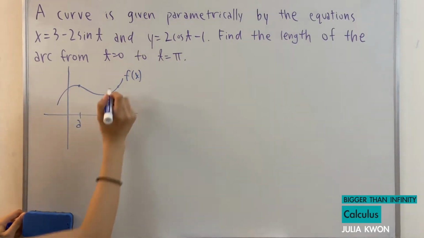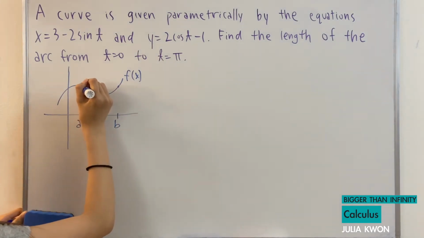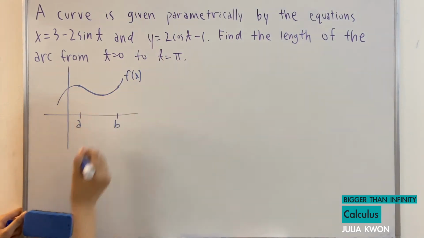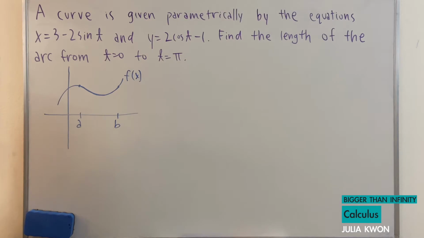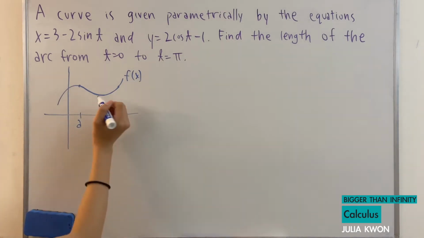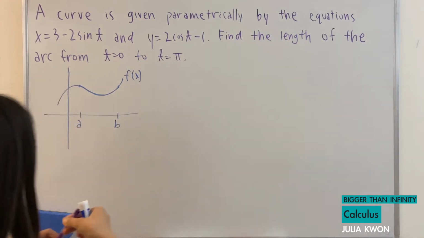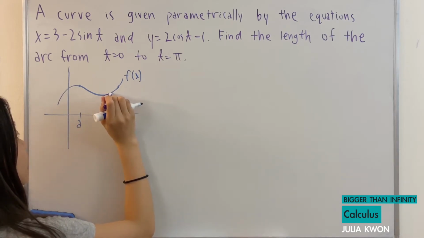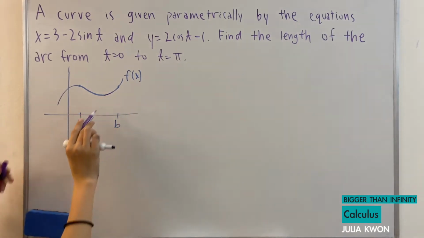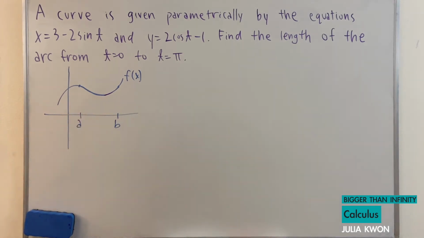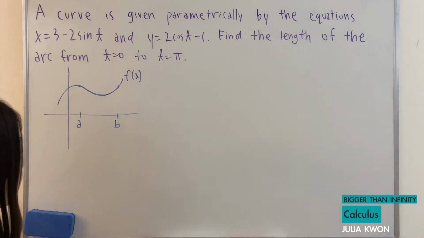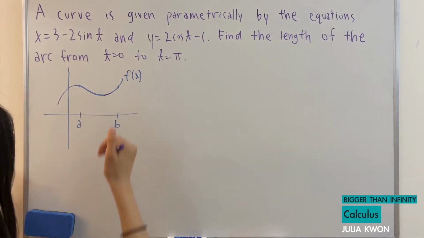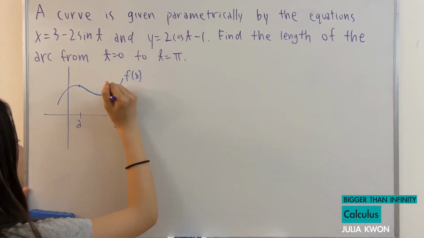So we're trying to find the length of this curve. To do this, we're going to take a small portion of it. So let's say just this part, and keep in mind that the purple line that I just drew right here is a straight line. And also we're going to call this length ds.